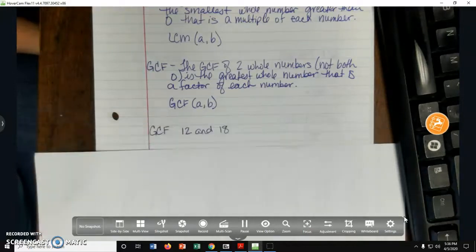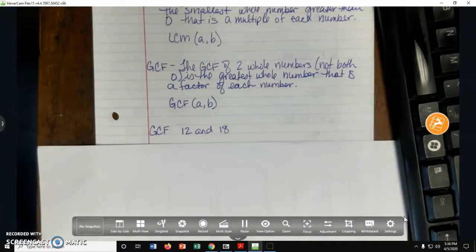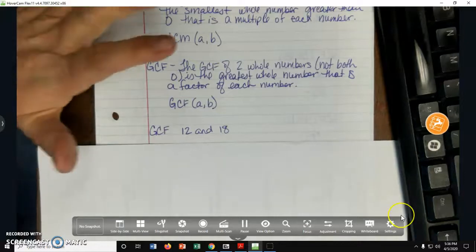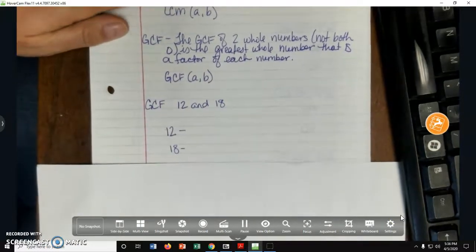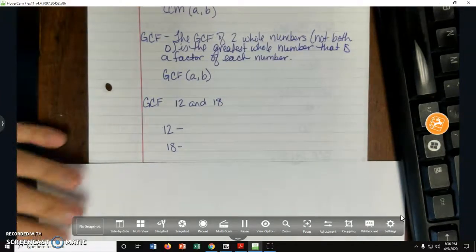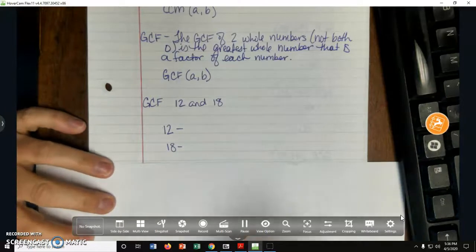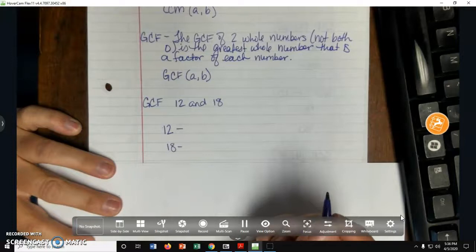All right, so we're going to go ahead and get started out with the greatest common factor. All right, so the first thing we're going to do is we're going to go back to previous grades because this will all make sense. So let's go ahead and we're going to list the factors of 12 and we're going to list the factors of 18. So to start out, because this is how we did it back in the day, let's just make some factor rainbows.